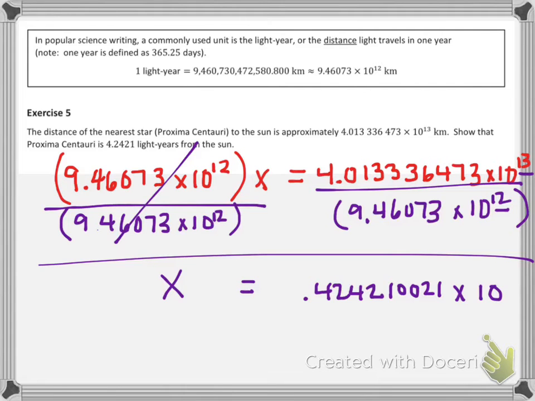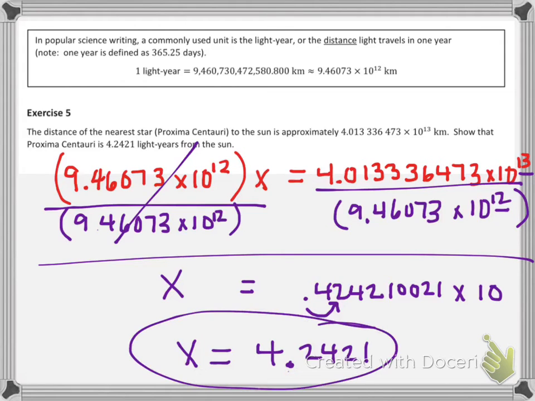So then we move our decimal one place to the right, and we get x equals about 4.2421 light years. And there we are, and we have proven this.